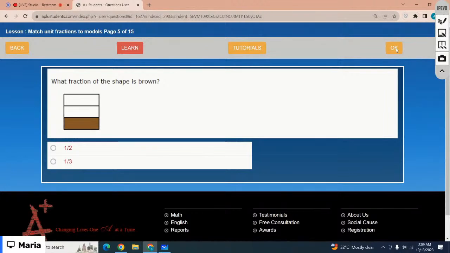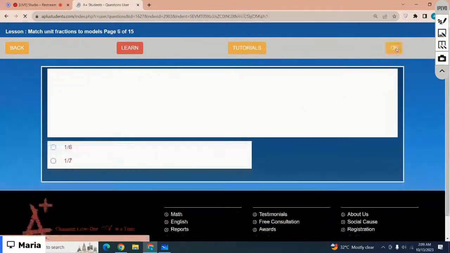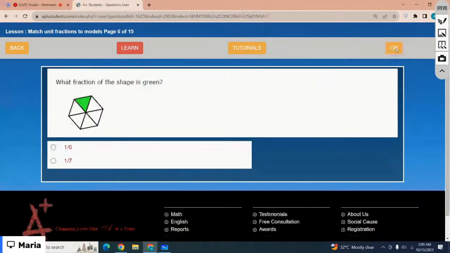The total portions are 3. One of them is brown. So it is 1 out of 3. What fraction of the shape is green? Which is the correct option?